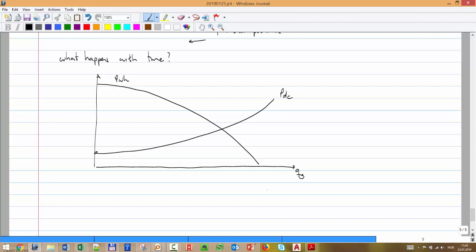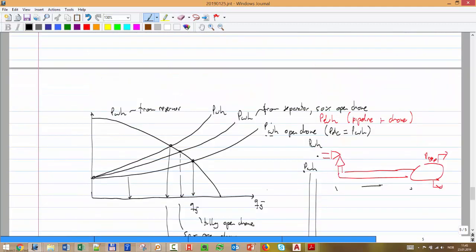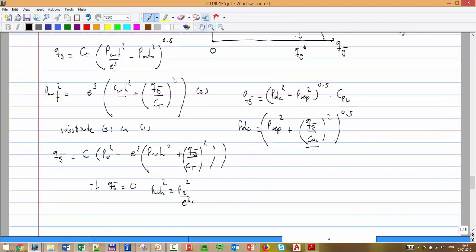With time, which curve is changing? That curve, PDC, right? This curve is simply like that. So separator pressure typically doesn't change with time. If you go to a process engineer and tell him you want to change separator pressure, he's going to kill you or he's going to ban you. No way.